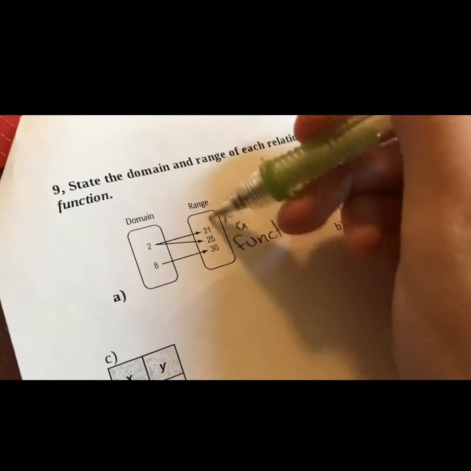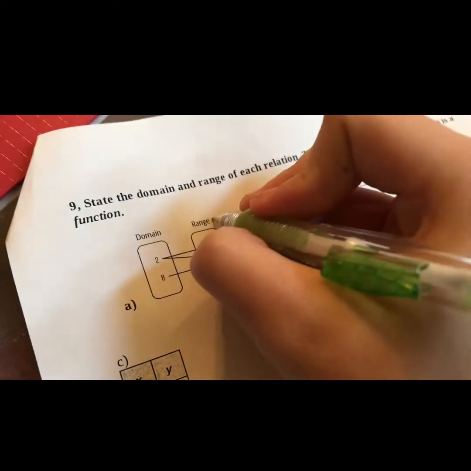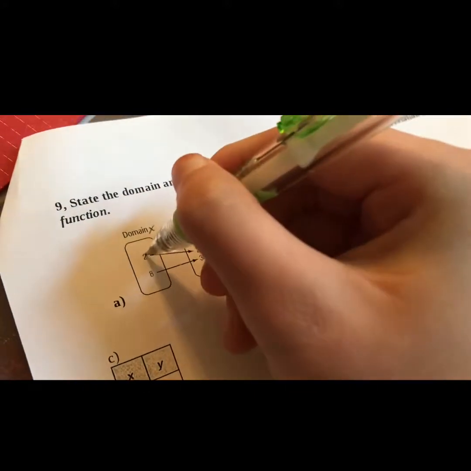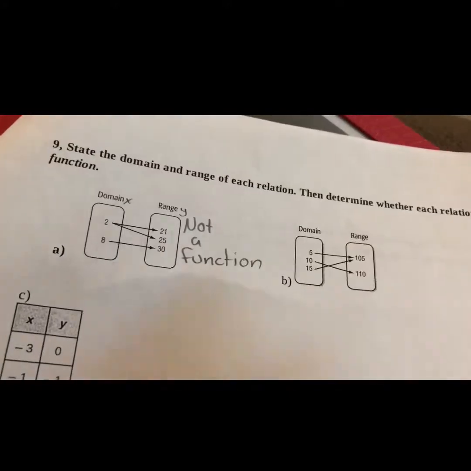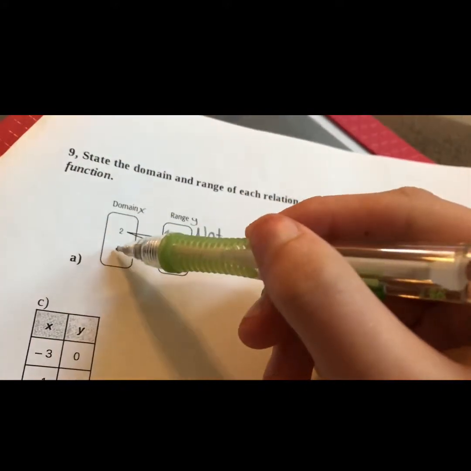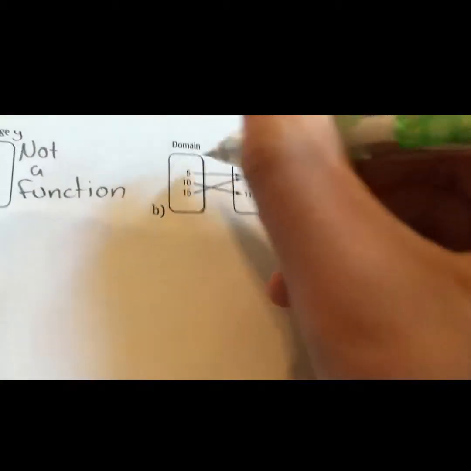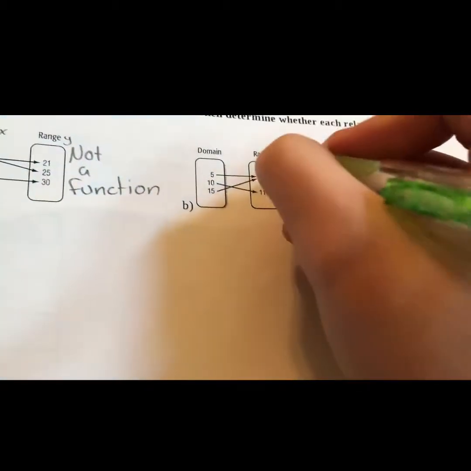Reason being is you have 3 y's, because range is y, domain is x. Your x, the 2 is repeated, but the 8 is not. So if one of your x's repeats, it is not a function. This one, on the other hand, is a function.